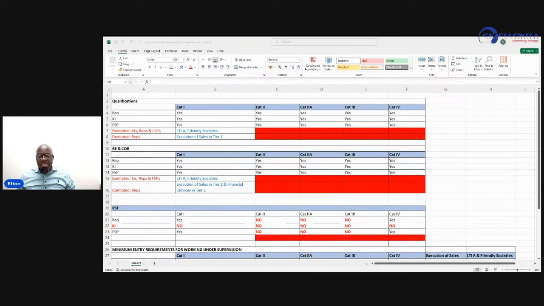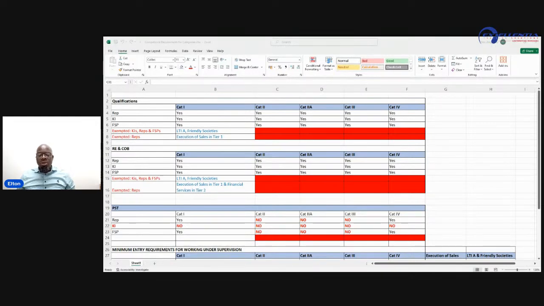One of the things that we find when you have to write the exam is that there are a number of requirements that apply to you, and these requirements will be category specific. So today we're focusing on the requirements for different individuals, role players, specifically reps, KIs, and FSPs across all the categories from Cat 1 to Cat 4.